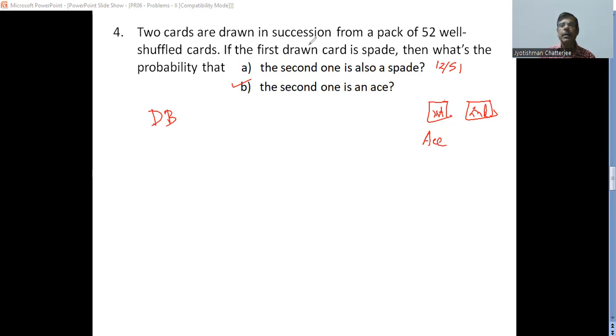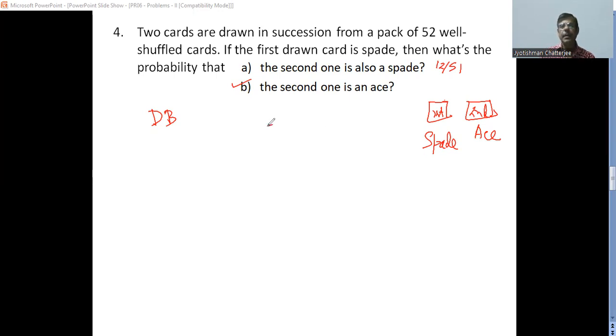The first drawn card must be a spade because of B, and the second drawn card must be S because of D. Let's examine how many ways that can happen.